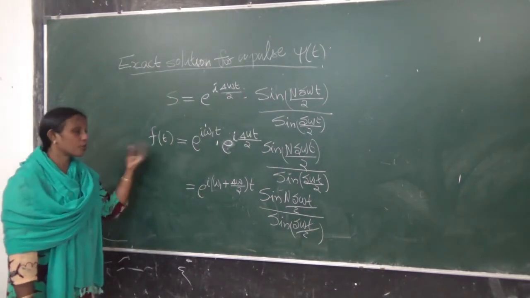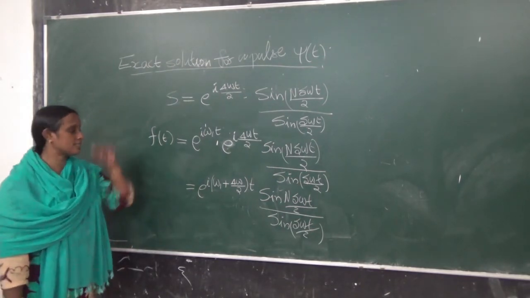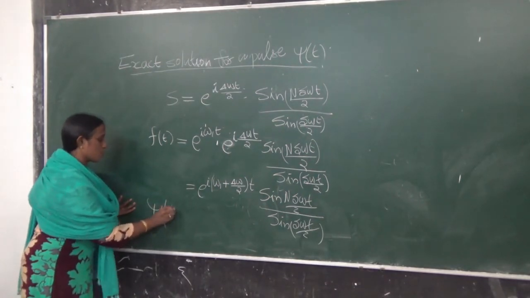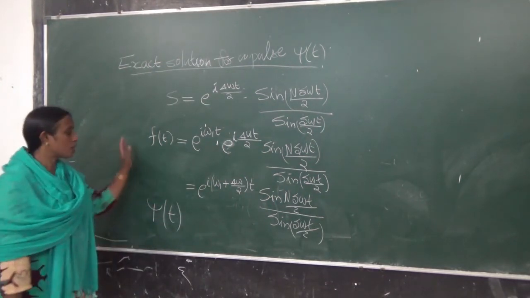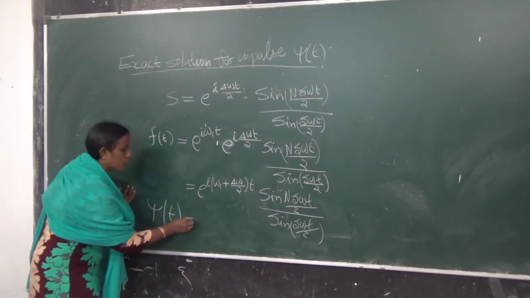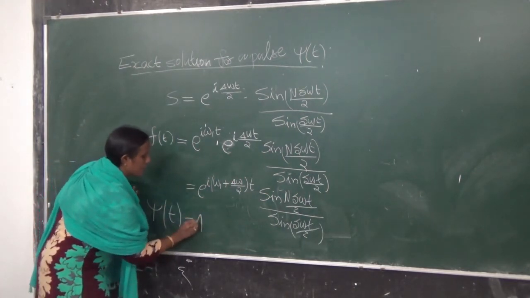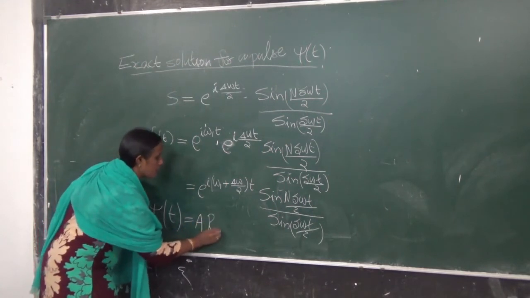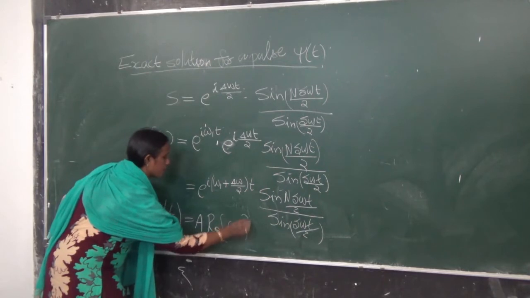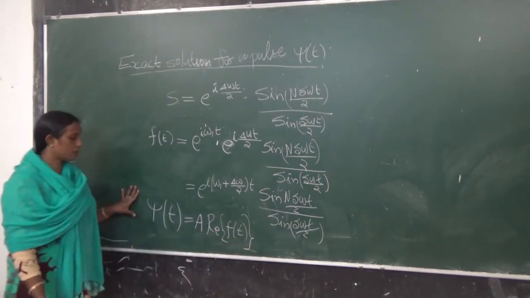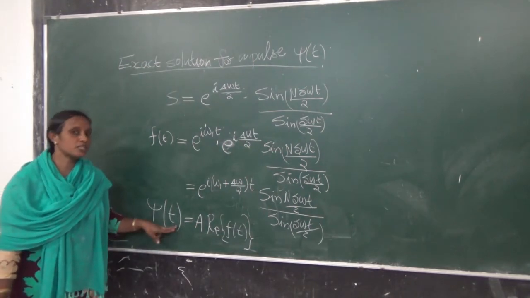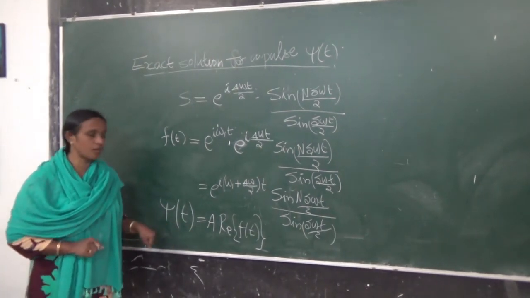Now in order to get our superimposed state psi of t, we want to take the real part of f of t. Psi of t equal to a times real part of f of t. Psi of t is the superimposed amplitude which we have written in our equation 1.